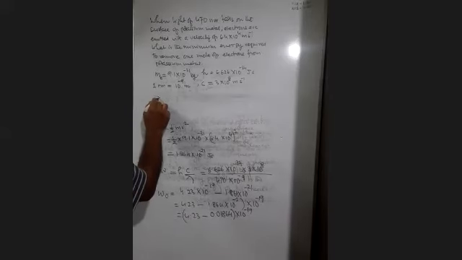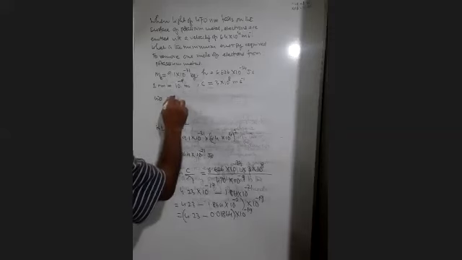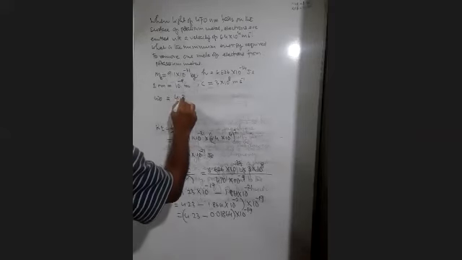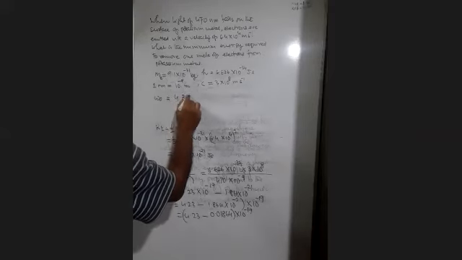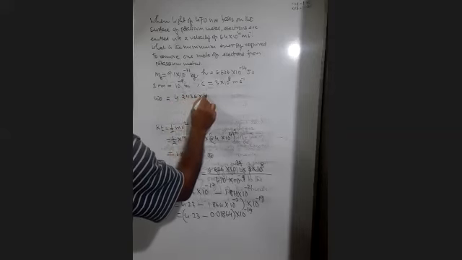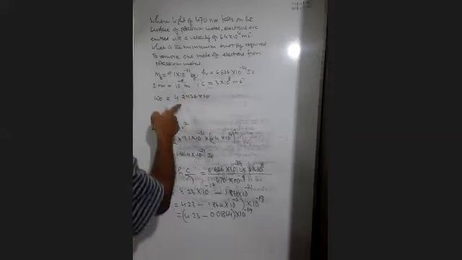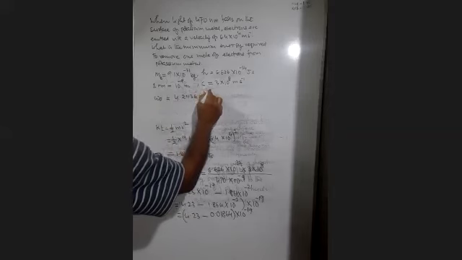Use calculator. So 4.2136 into 10 to the power minus 19. W0 is equal to how much? 4.2136 into 10 to the power minus 19.